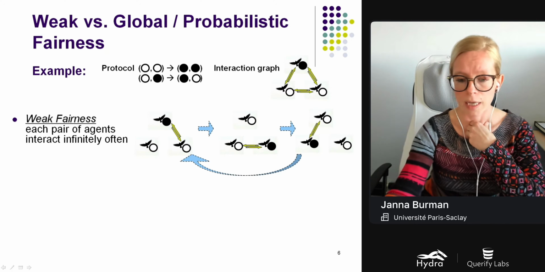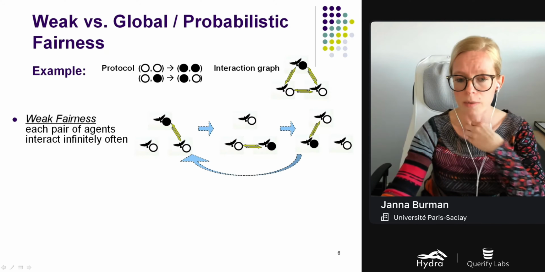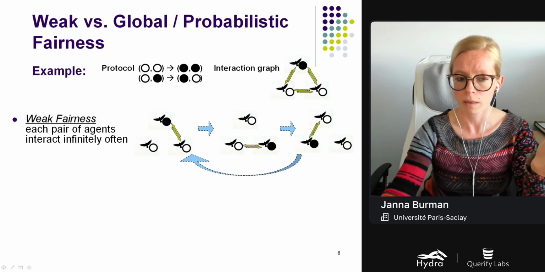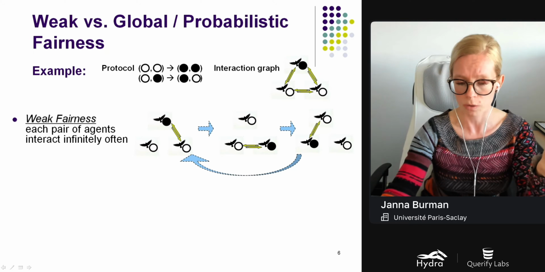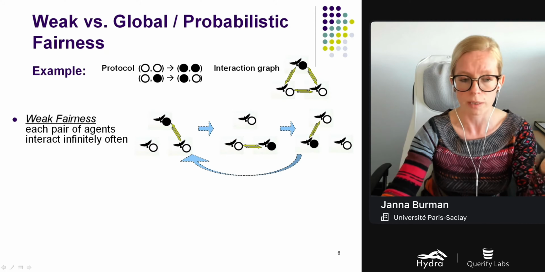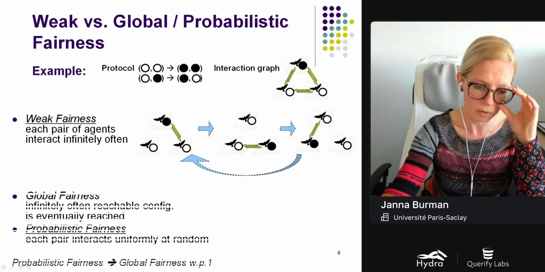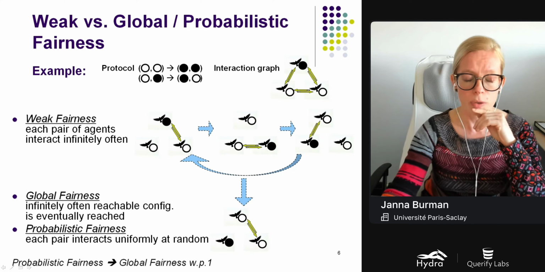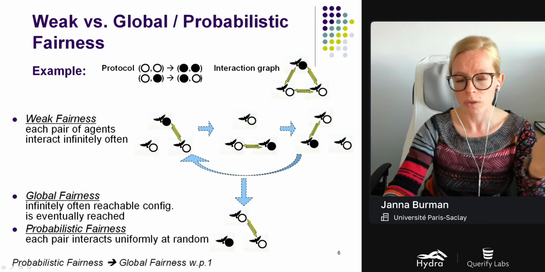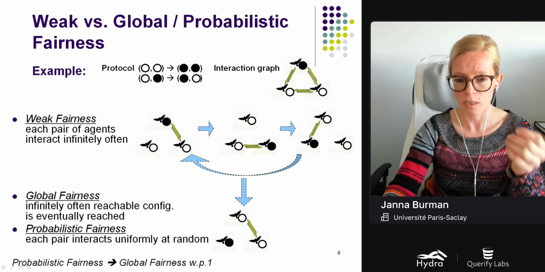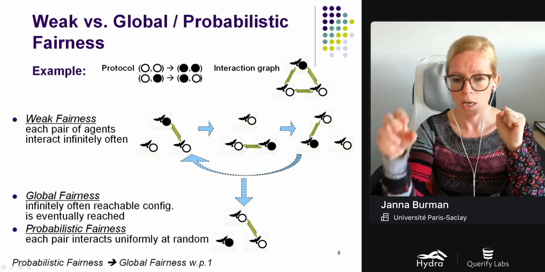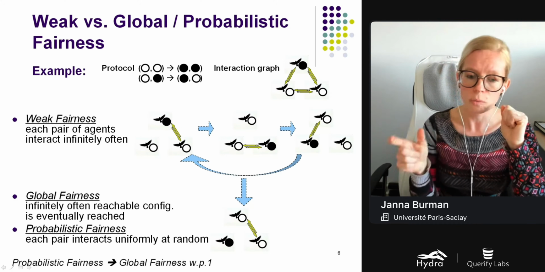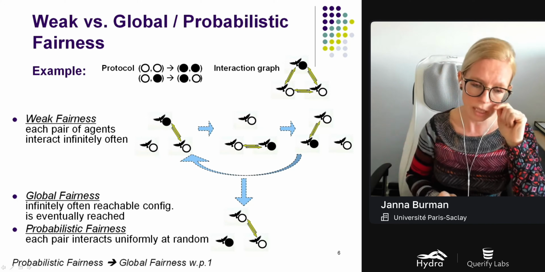Okay, however, this won't be a globally fair or probabilistically fair execution. Okay, this won't be a correct one in the case of global fairness or probabilistic fairness. Why? Because at any point of this execution I just created, we can make 2 white agents communicate, right?